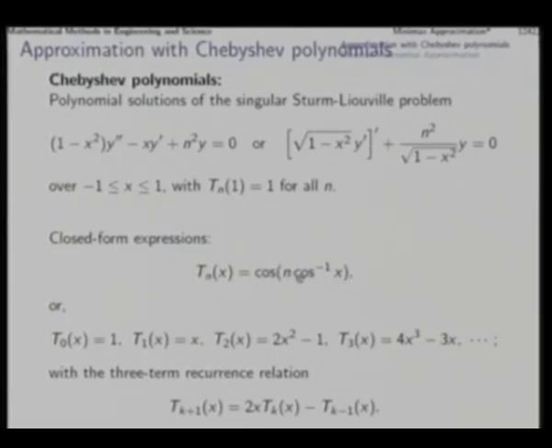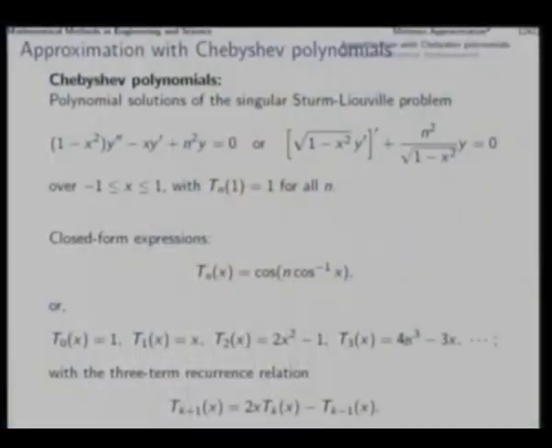If we put n equal to 2, then we have got cos 2θ. We know that cos 2θ is twice cos²θ minus 1. Similarly, cos 3θ will be 4 cos³θ minus 3 cos θ, and so on.